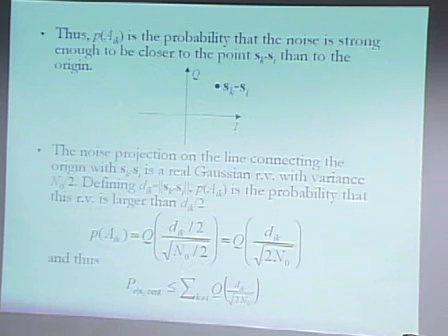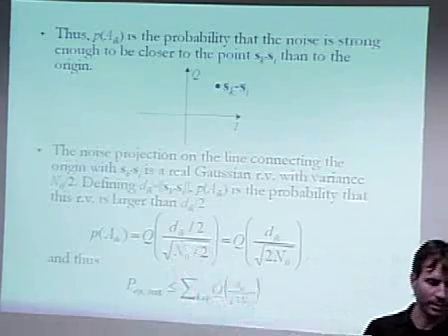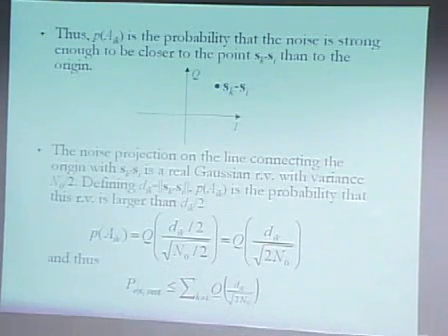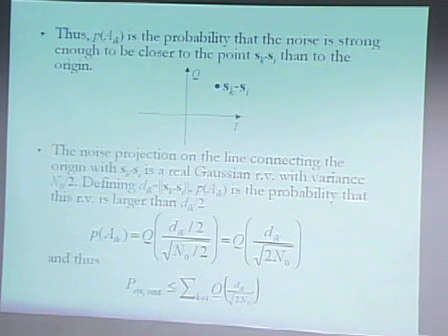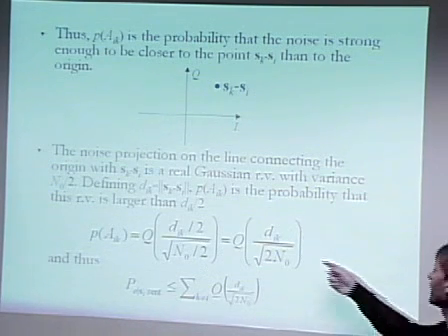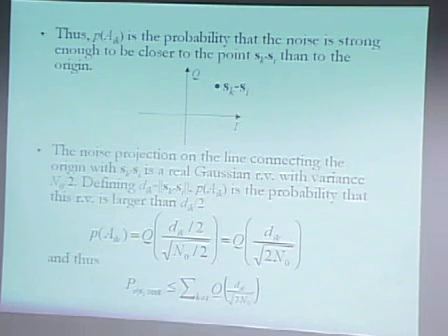Here, in this case, it is d_ik divided by 2, divided by the square root of n0 divided by 2. So we have a 1/2 in the numerator and 1 divided by square root of 2 in the denominator. We can just clean this up, and we have Q of d_ik divided by root of 2n0.